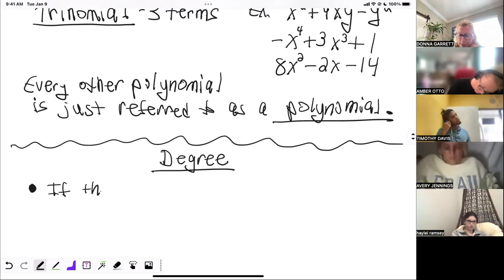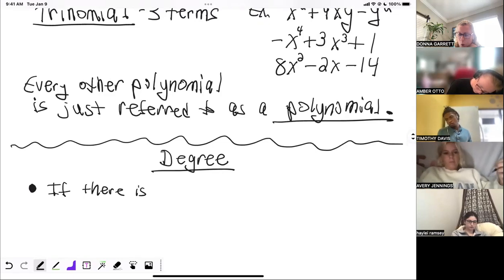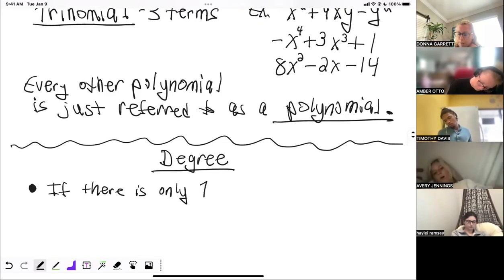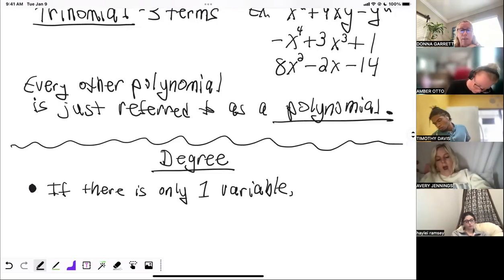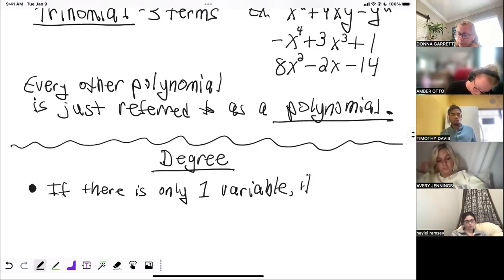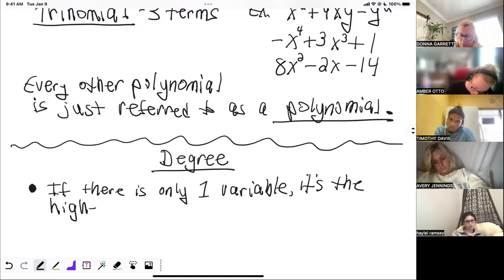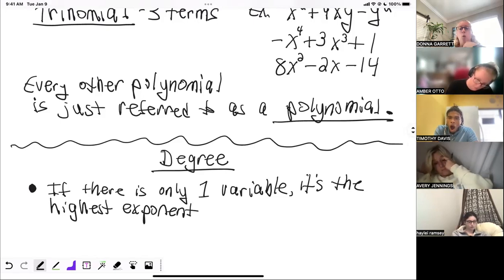If there is only one variable, because sometimes we can have more, it's the highest exponent. So you know when you put it in standard form, it'll be the first one.